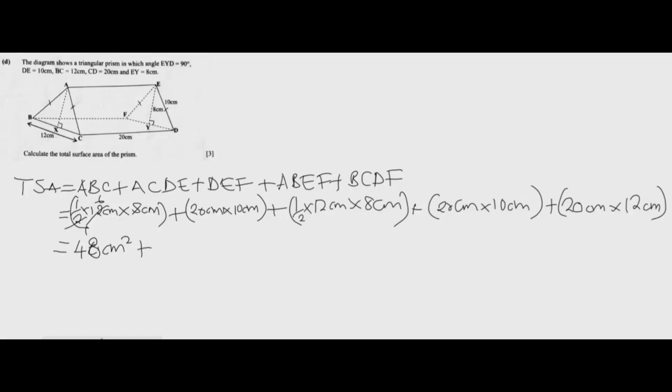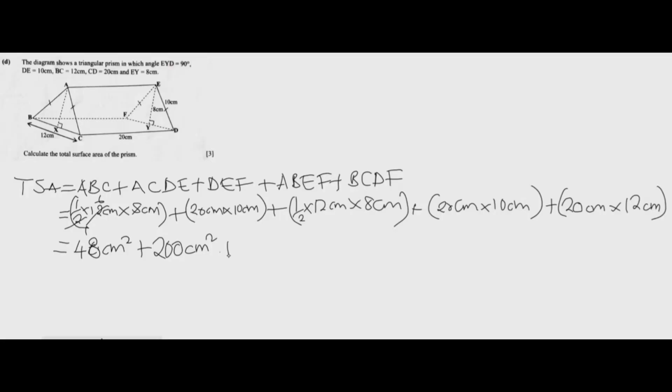Plus 20 times 10 centimeter will give us 200 centimeter squared.